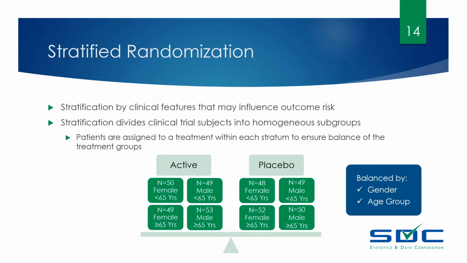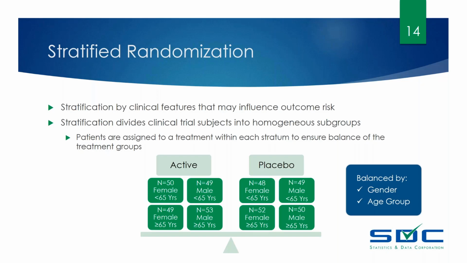Although the numbers of patients are not exactly equal in each treatment group within this stratum, in other words, 50 women versus 48 women, this is considered well balanced between the two treatment groups within this stratum. You will note that the other three strata are also well balanced between the two treatment groups. Additionally, the two treatment groups are also well balanced across the study, as you have a total of 201 patients in the active treatment group and a total of 199 patients in the placebo treatment group.